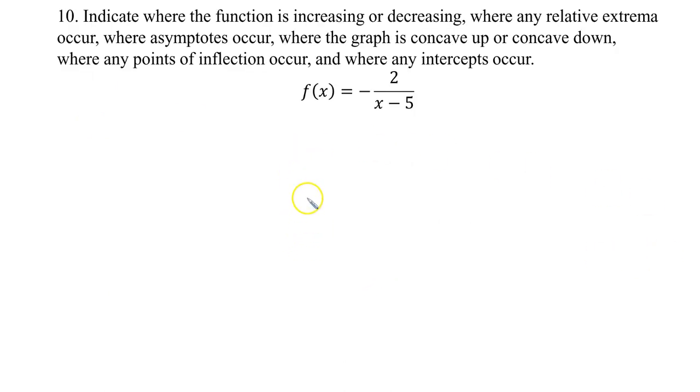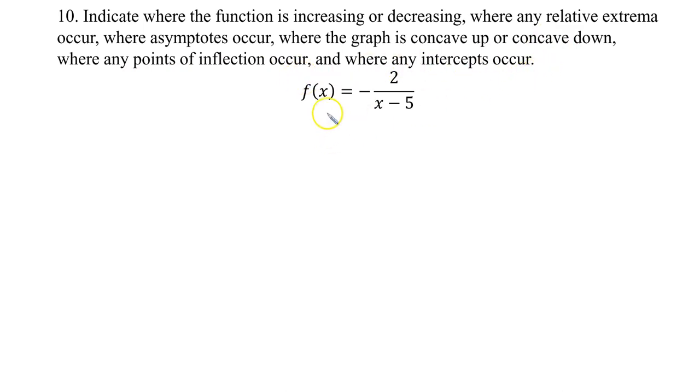So for this function, this is a rational function. It says indicate where the function is increasing or decreasing, where there are any relative extrema. Remember, the relative extrema are our relative maximum, relative minimum, where these occur, where the asymptotes occur, where the graph is concave up or down, and where we might have any points of inflection or intercepts.